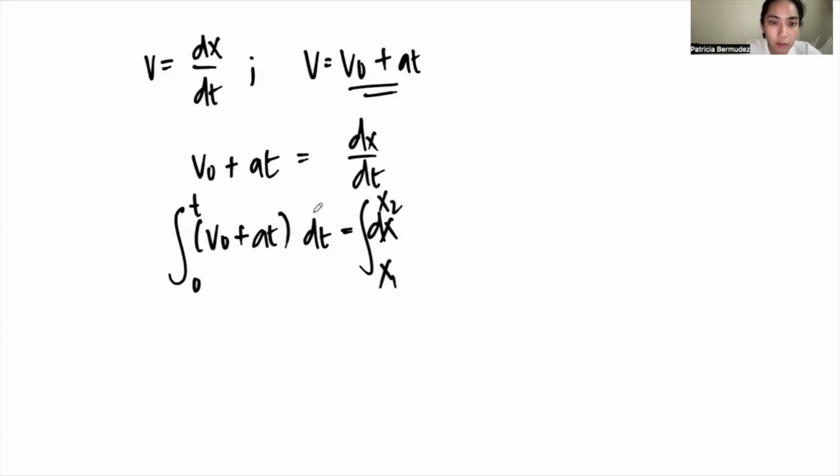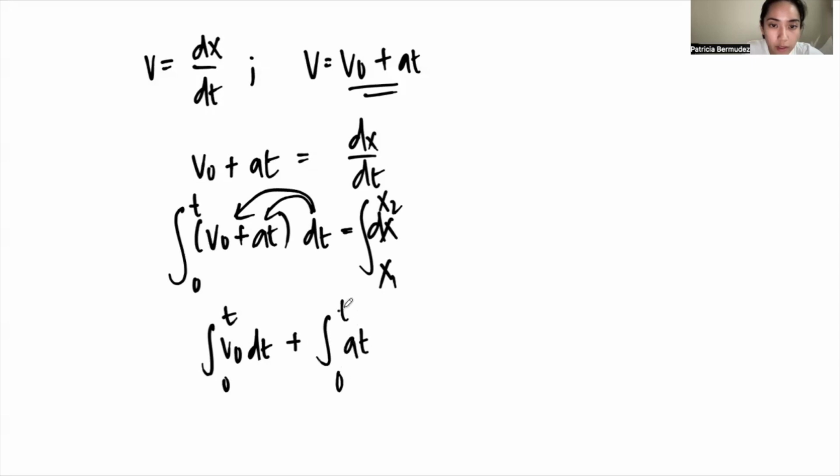And then we have to distribute dt to the variables inside the parentheses. So we will have the integral of v naught dt bound from 0 to t plus the integral of at dt bound from 0 to t, and that is equal to the integral of dx bound from x1 to x2.